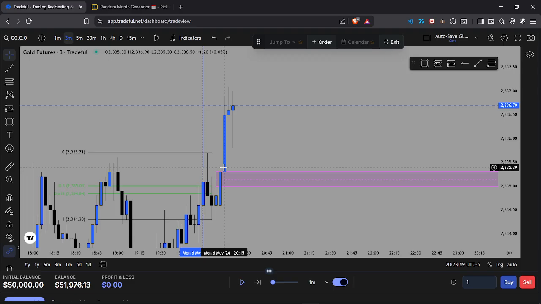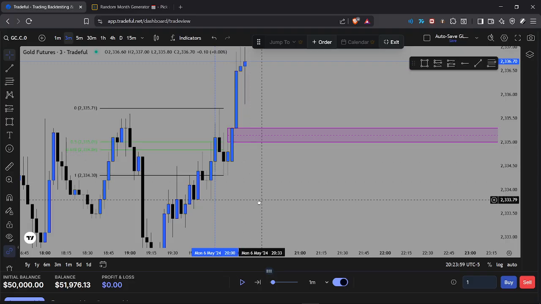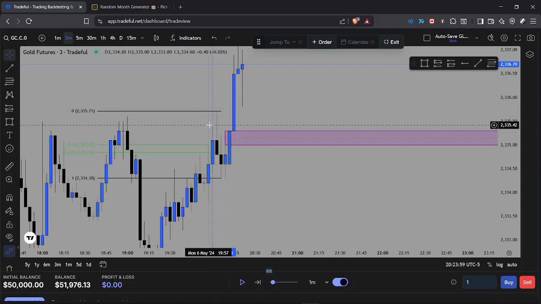Oh, wait. Okay, I was doing the orb wrong. Okay, yeah, no, this is right. It's just whatever. If you form the high first, you start from the high, and then you go to the low. If you form the low first, you start from the low, you go to the high.